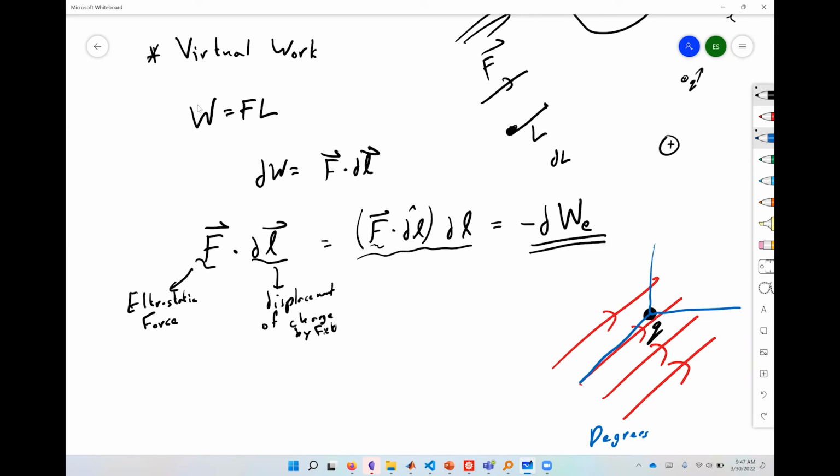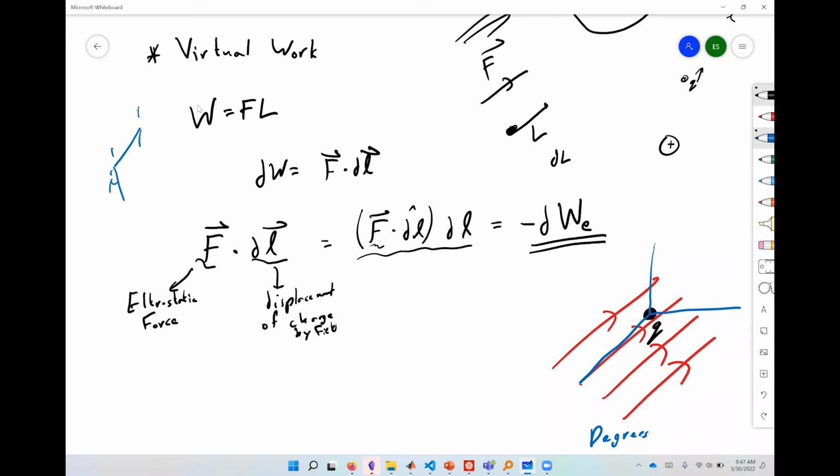That's the other thing in trying to determine virtual displacement. You have to understand what the degrees of freedom of your system are. In a car, the wheels have only 1 degree of freedom. They can only spin. Something like a pendulum has 1 degree of freedom. If you have a double pendulum, it has 2 degrees of freedom.